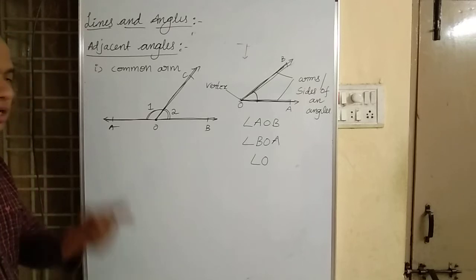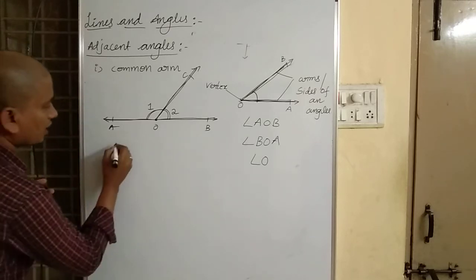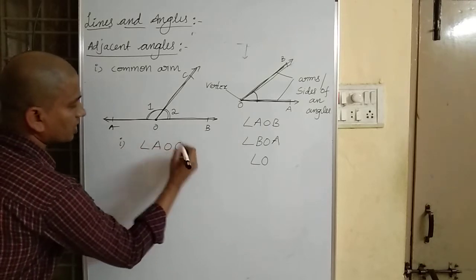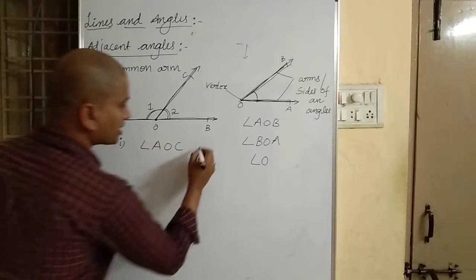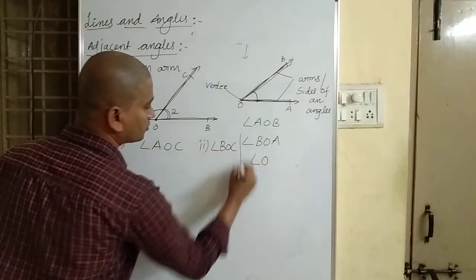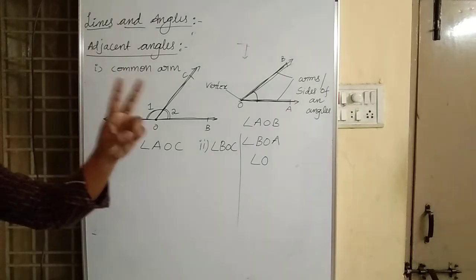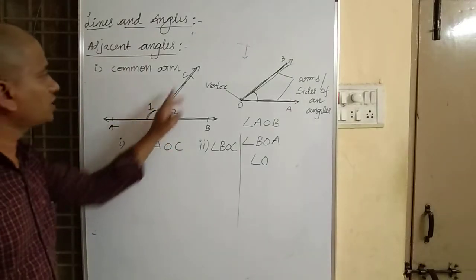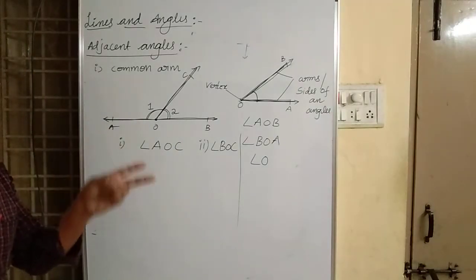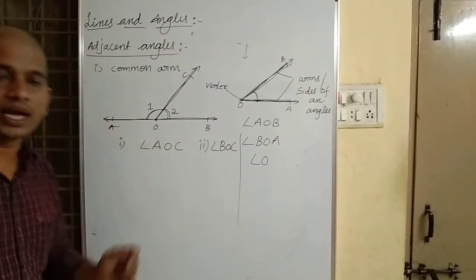You can see here we got two angles. What are the two angles? The first angle is angle AOC and the second angle is angle BOC. Two angles in a plane are said to be adjacent angles.